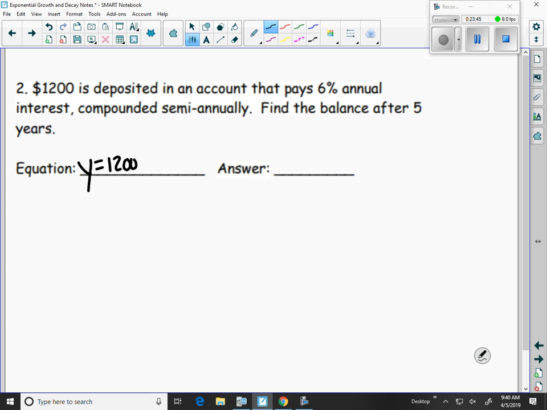So you'd have 1,200, 1 plus 0.06 over, what's my n value for semi-annual? 2. Okay, that does mean every 6 months. After 5 years, you would do 5 times 2, which is your years and your n value.